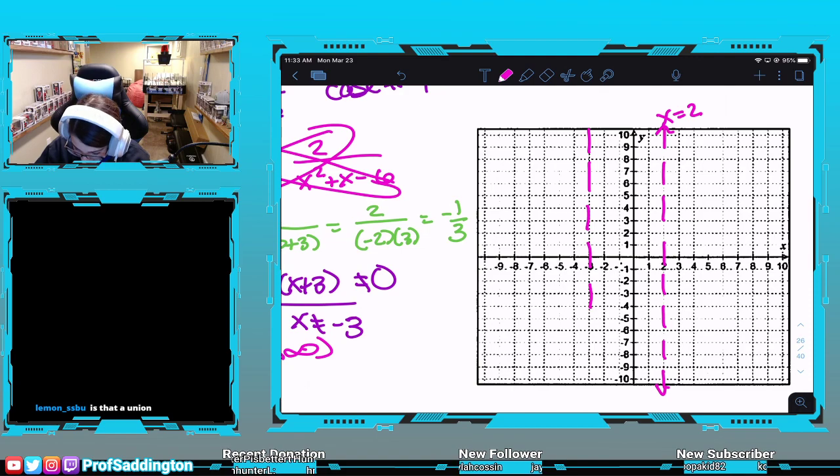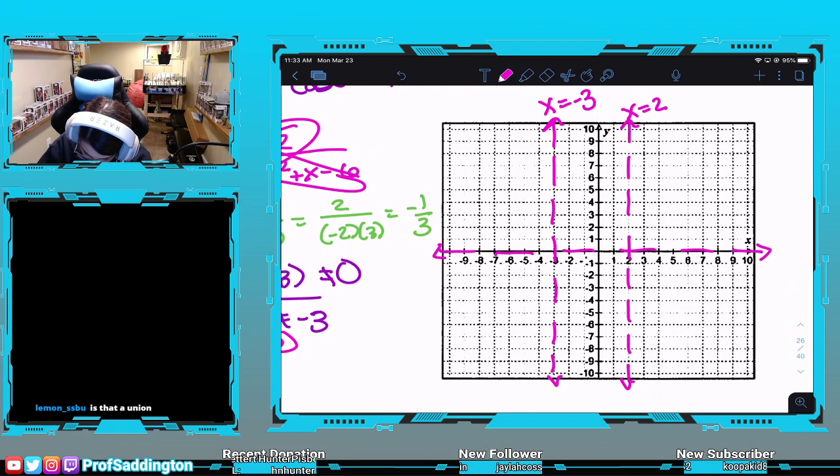So again, I'm doing these dashed so I don't get confused. And what do I got? Y equals 0. No, my lines aren't going to be straight, but that one was real bad. Okay, we got our asymptotes down.